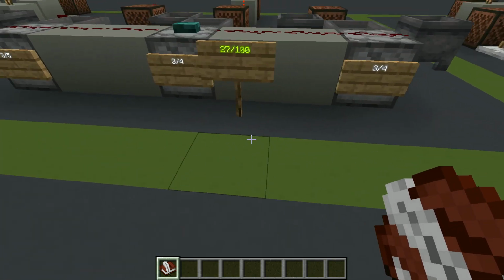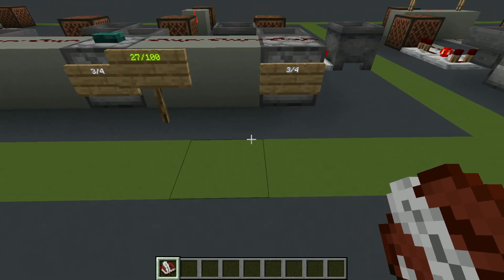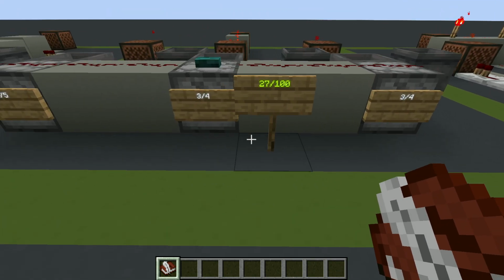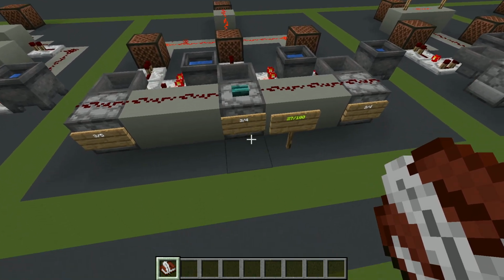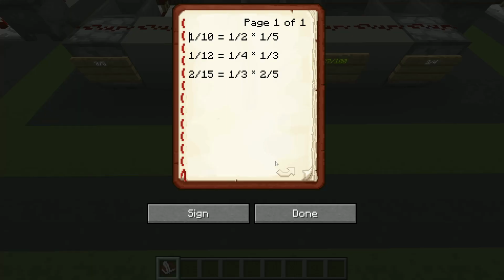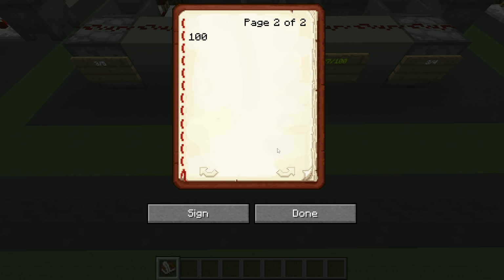Now, what if I asked you, what's 27 out of 100? Okay, so you'll notice right away this machine's slightly more complicated. And what's the reason for that? Well, for 100, we can consider different factors. 100 is the same thing as 10 times 10, for example, or it's the same thing as 20 times 5, right?